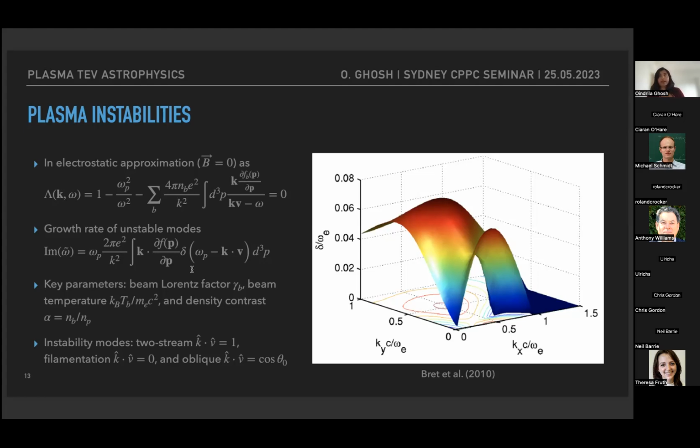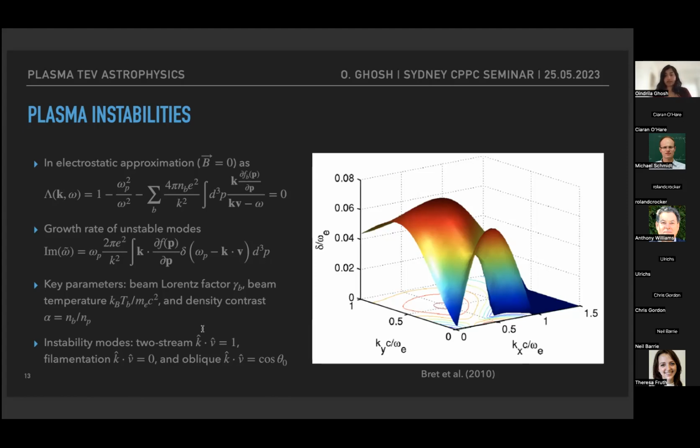So when the wave vector is parallel to the propagation direction, these instabilities are often termed two-stream or Buneman instabilities. And when they're perpendicular to one another, we have filamentation. And for every other situation, we have oblique modes, which is the most general case.